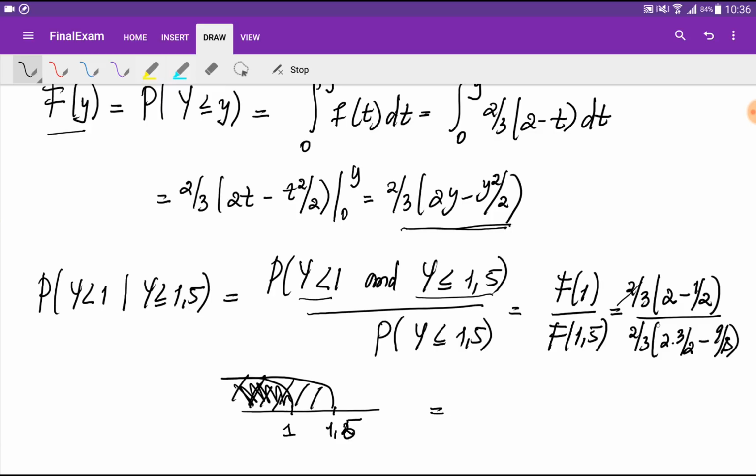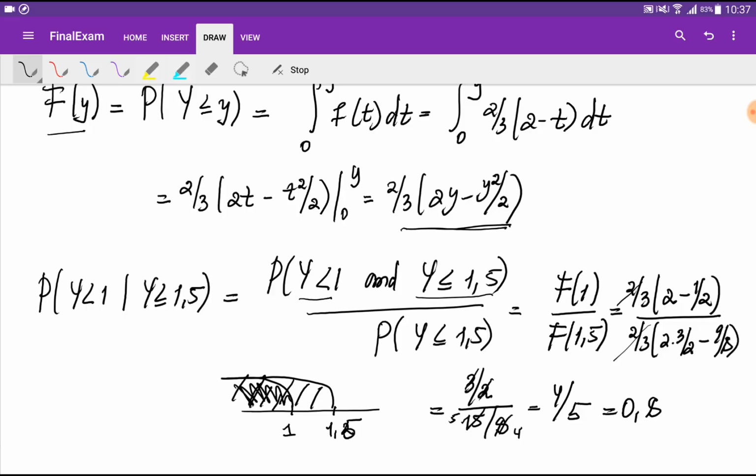The 1 over 3 and 1.5 over 3 factors cancel, 2 minus 1 over 2 is equal to 3 over 2, and here it's 3 minus 9 over 8, which is equal to 15 over 8. So we can cancel this and this, it's going to be 5 here. Cancel this and this, it's going to be 4. It's going to be 4 over 5 or 0.8.